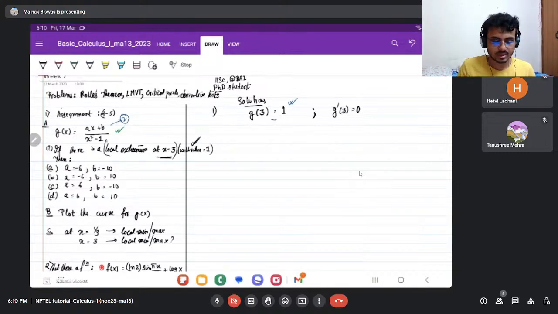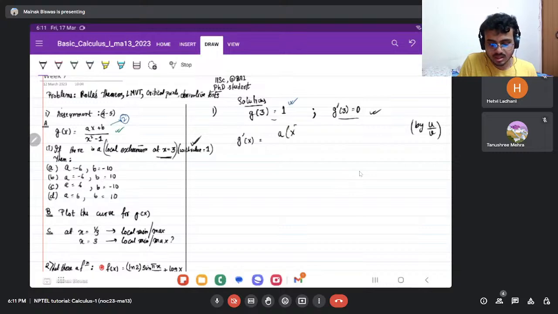So let's solve this. These are the 2 equations that we'll be using. If you have any doubt at any point, you stop me. Now let's differentiate g of x. You're going to use the u by v rule, okay? By the u by v rule that we have discussed. If there are any calculation mistakes, please stop me.